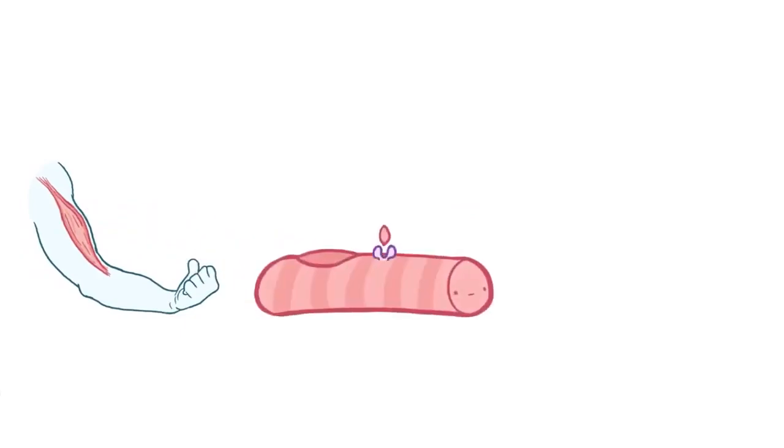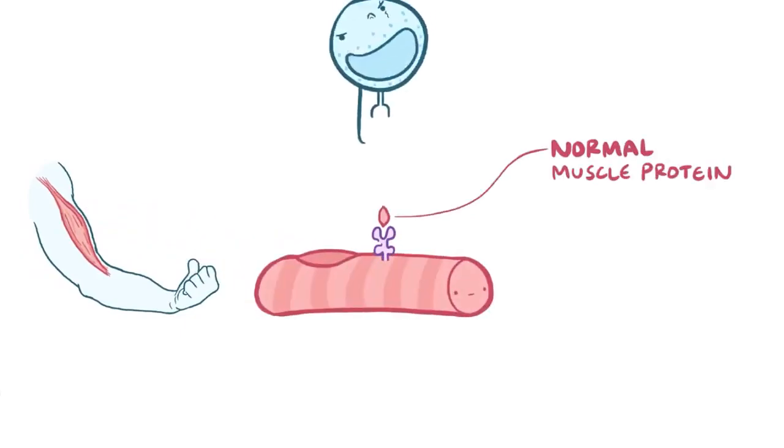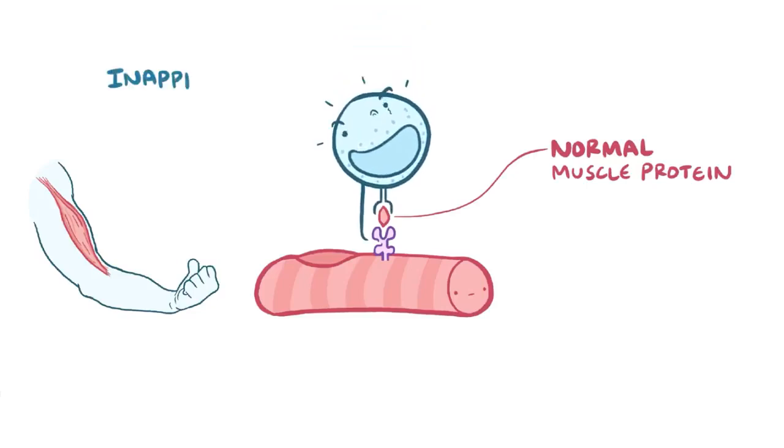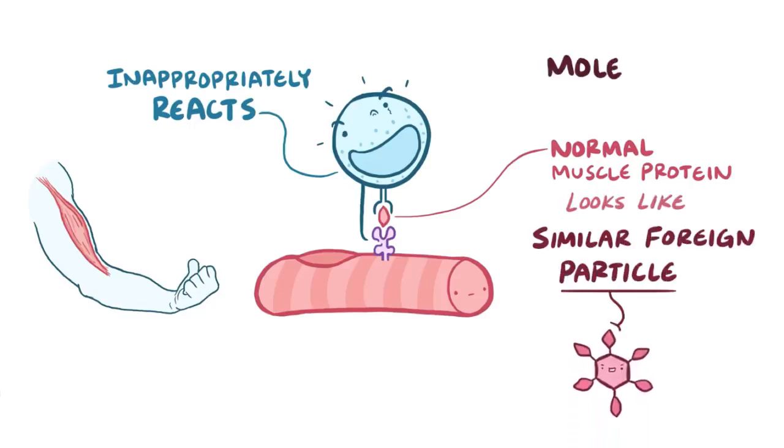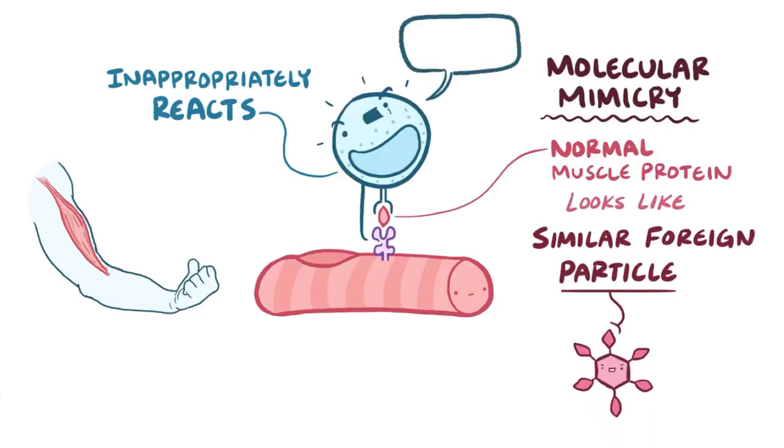In polymyositis, healthy muscle cells present normal muscle proteins on the MHC class 1 molecule, but the cytotoxic T cells inappropriately react to them, and they get activated. That's because it's thought that the muscle proteins might look similar to a foreign pathogen. And this is called molecular mimicry, because from the perspective of the cytotoxic T cell, the host protein is mimicking a foreign protein.